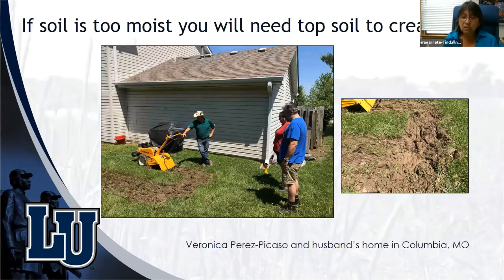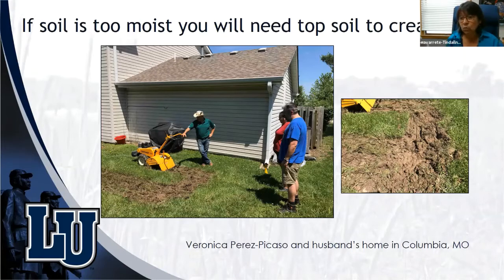In another case, we have Veronica Perez Picasso with her husband. They had the area very wet due to the continuous rain events that we had. So the tiller didn't work in that place.